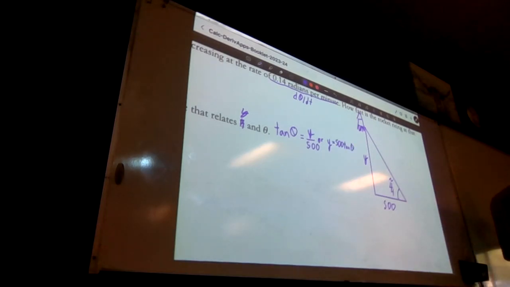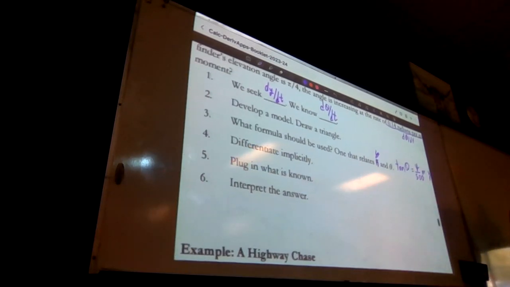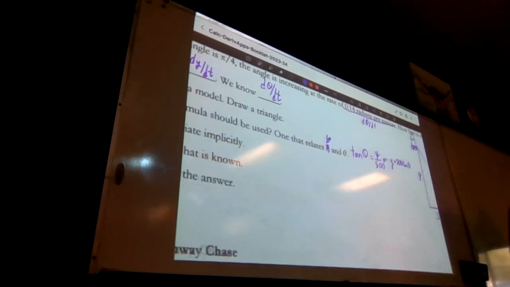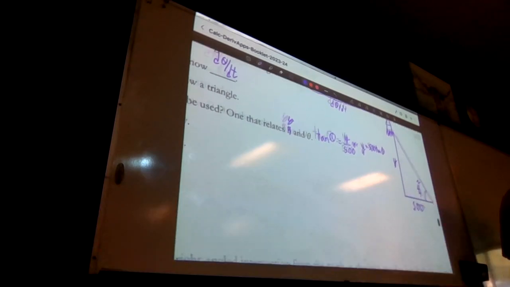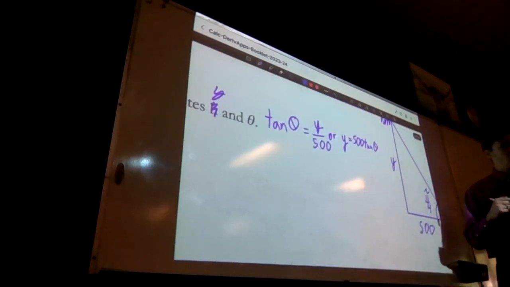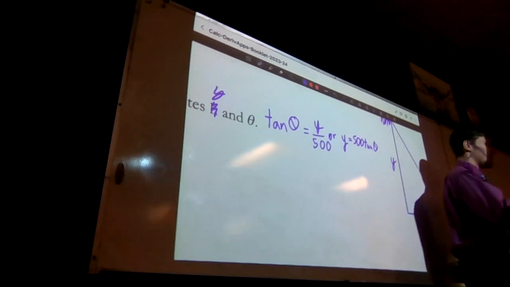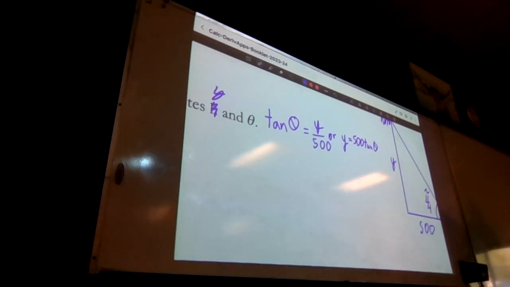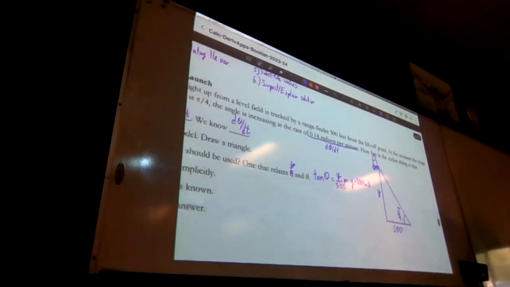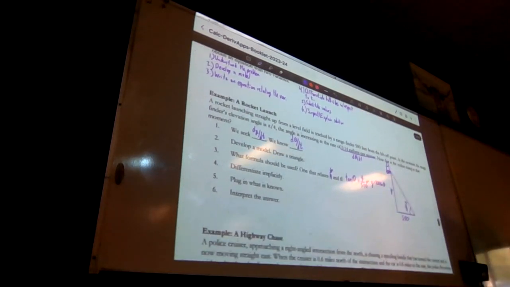Now, what I need to do, now that I have this formula, is differentiate implicitly. So I have y equals 500 tan of theta, and what are we taking the derivative with respect to? We always take the derivative with respect to t. With all of these, it is always going to be t.